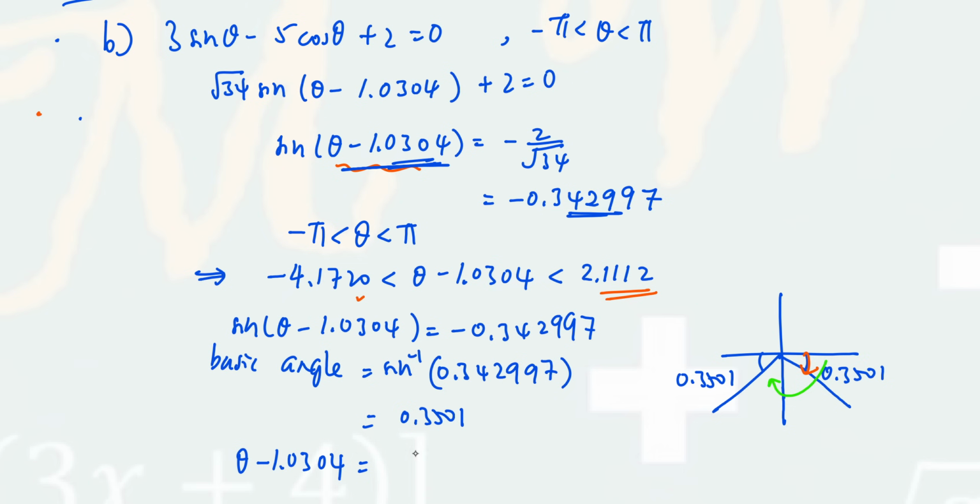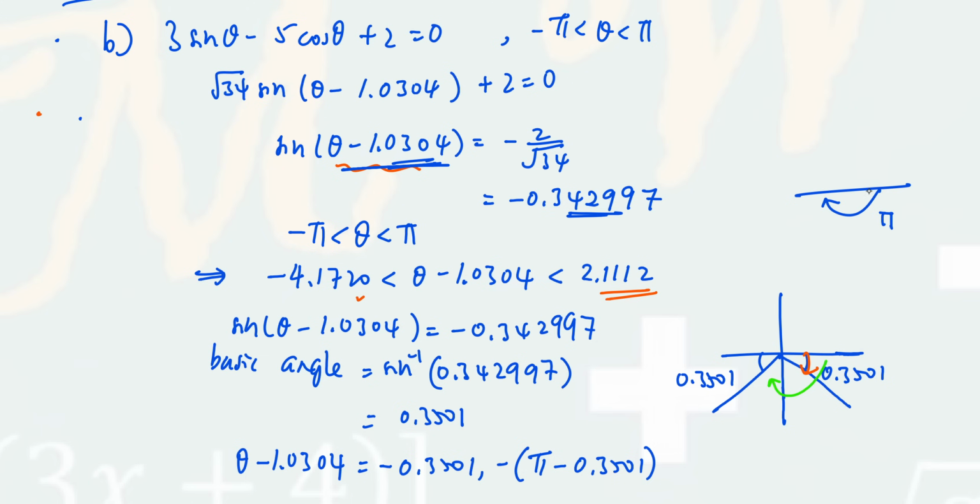So then the first one, since the angles are counted below the x-axis, or below the horizontal line, both of them will be negative. So the first one is negative 0.3501, and then the next one is going to be negative pi minus 0.3501, because one line is pi.